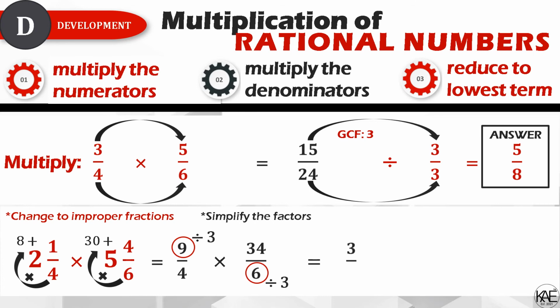Therefore, we have 9 divided by 3 is 3, and 6 divided by 3 is 2. 34 and 4 can also be divided by a common factor, which is 2. Therefore, we have 4 divided by 2 is equal to 2, and 34 divided by 2 is equal to 17.